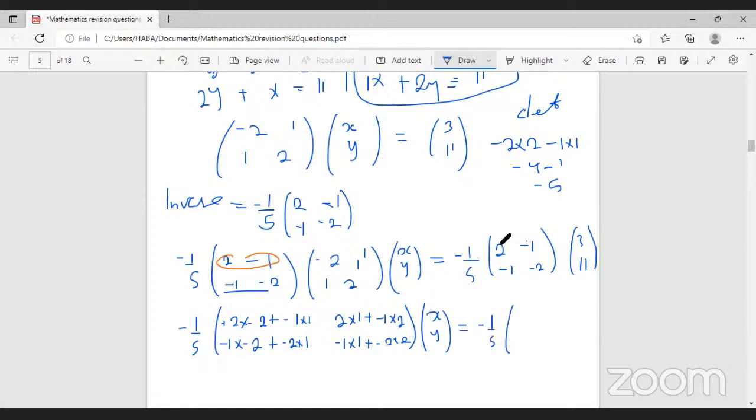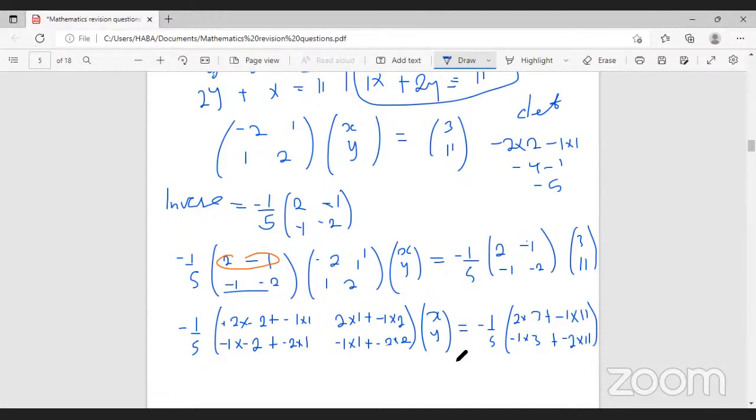So we have negative 2 times 3 plus negative 1 times 11. Okay, good. Then negative 1 times 3 plus 2 times 11.